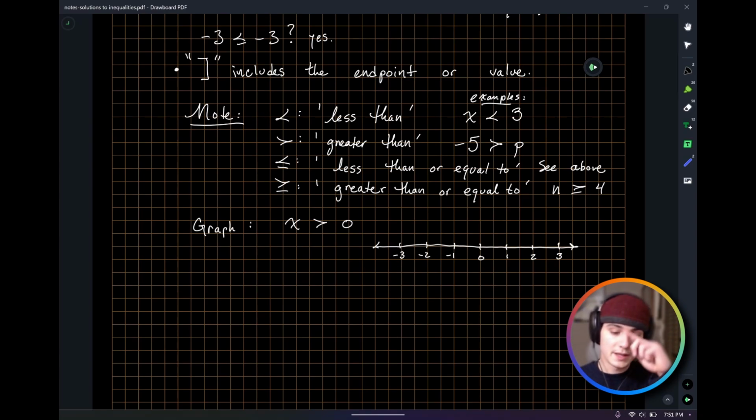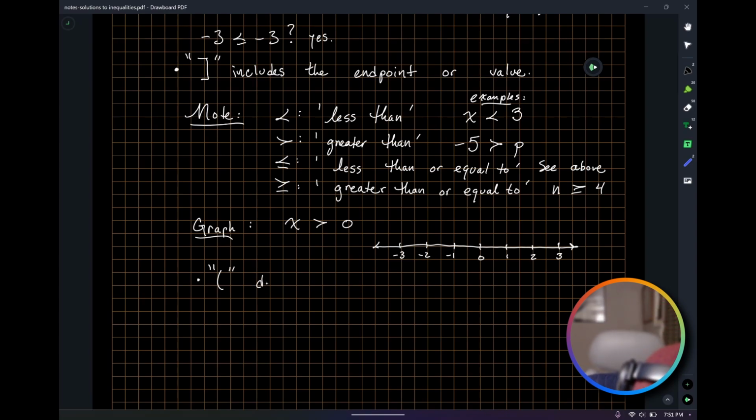Now notice this statement is not an or-equal-to statement, so 0 will not be included in the solution set. So to graph x is greater than 0, we need this little symbol. This will make sense when we introduce interval notation, why we're using these symbols instead of open and closed dots.